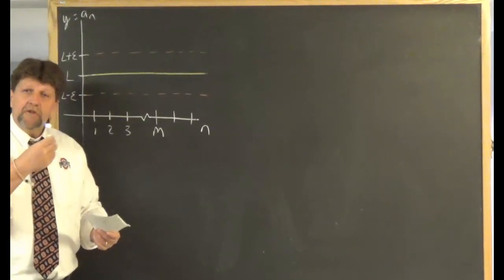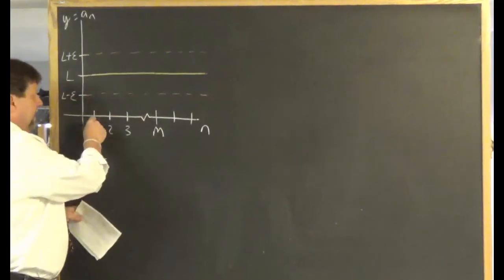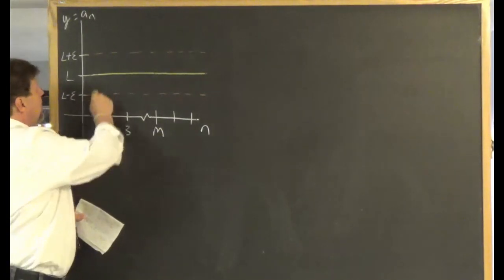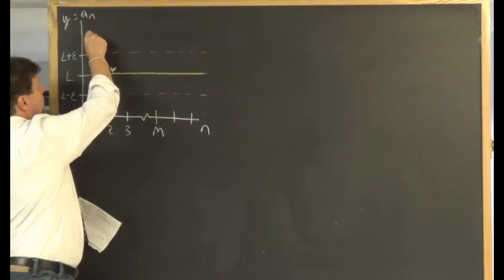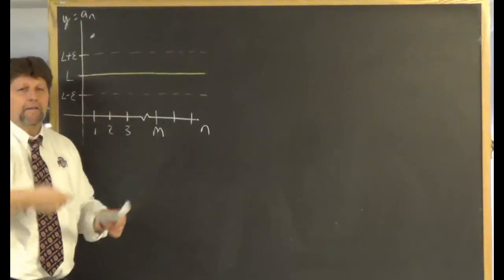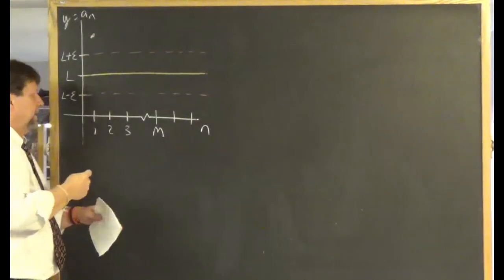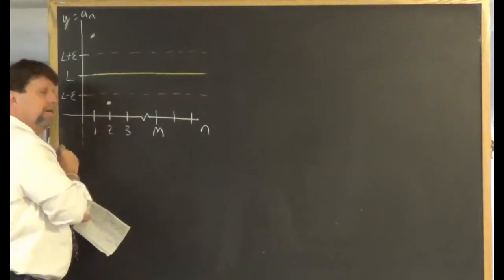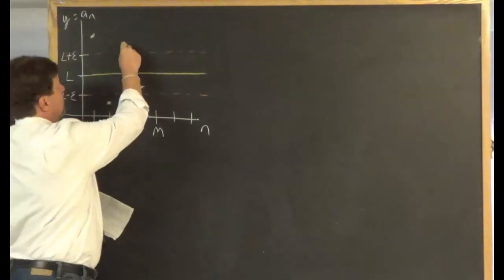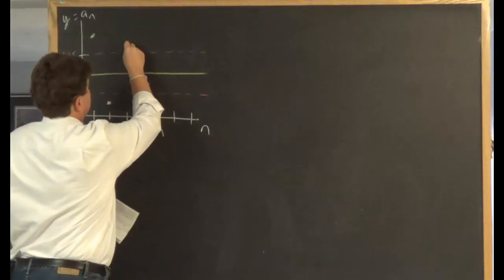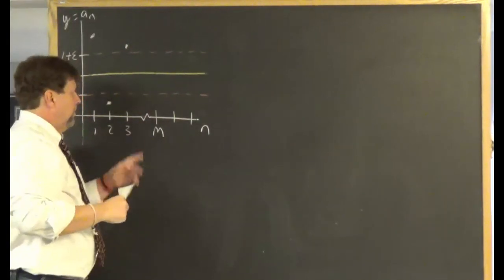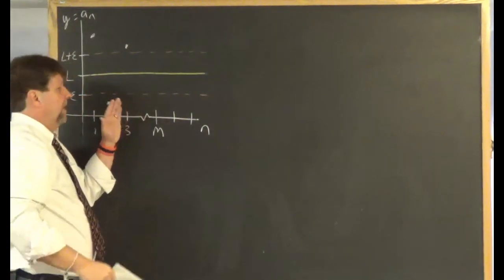So let's say for small values of n, like n is 1, maybe I'm up here. I don't know what that number is, say 5, it doesn't matter, it's irrelevant. Maybe when n is 2, it's here. Maybe when n is 3, the term is right here. Maybe when n is 4, it's here.